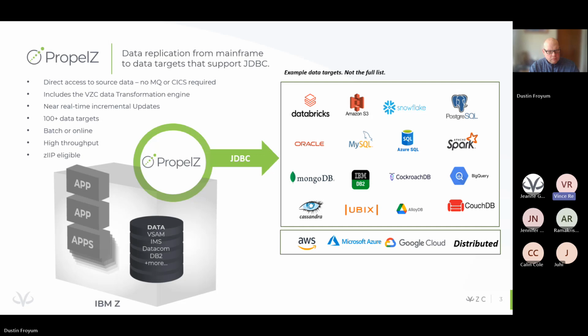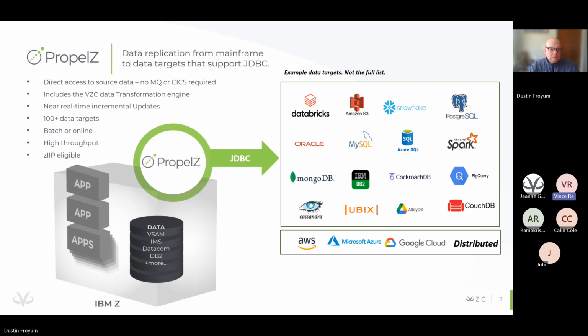there are a number of different ways this can be done. Probably the most straightforward way is that recent versions of IMS have an enterprise add-on product that IBM offers that provides a JDBC query capability for IMS databases. In that case, we can actually run that.